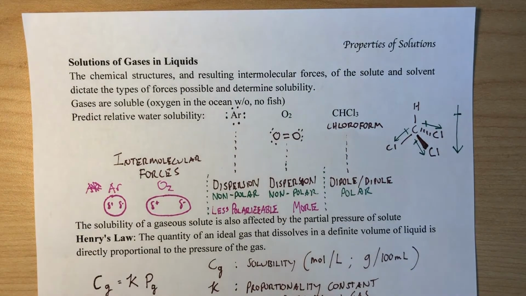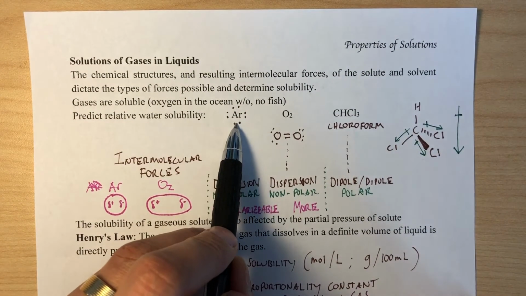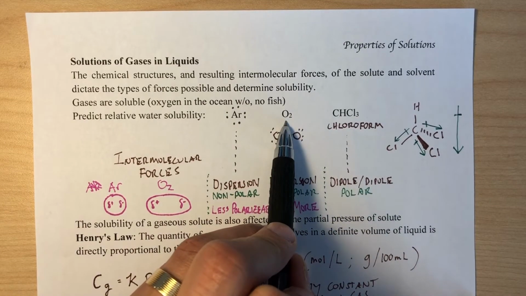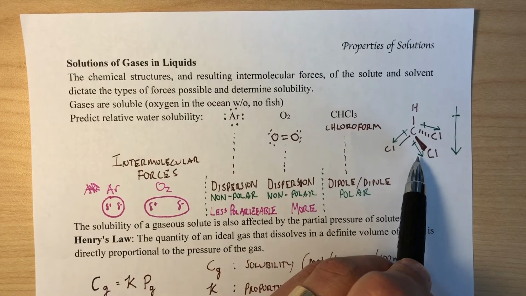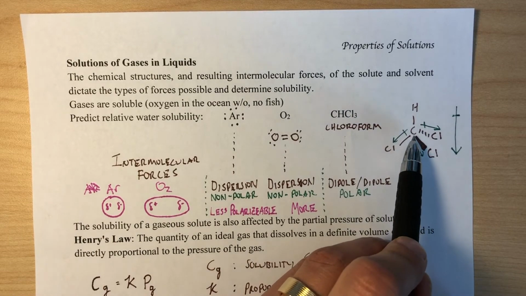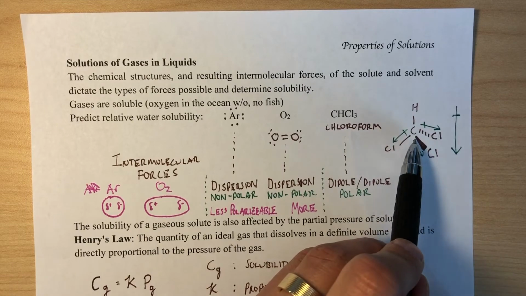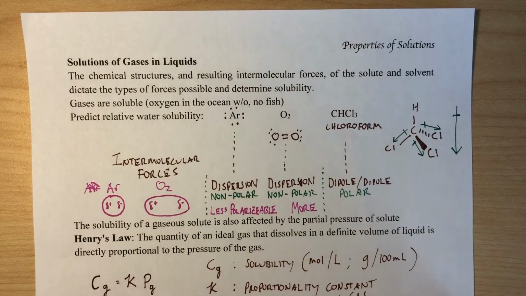So let's take a look at 3 different molecules or elements: Ar, which is argon, the noble gas, O2, which is dioxygen, and CHCl3, which is chloroform. Chloroform has a central carbon and 3 chlorines attached with 1 hydrogen vertically. We have 4 substituents in a tetrahedral geometry.